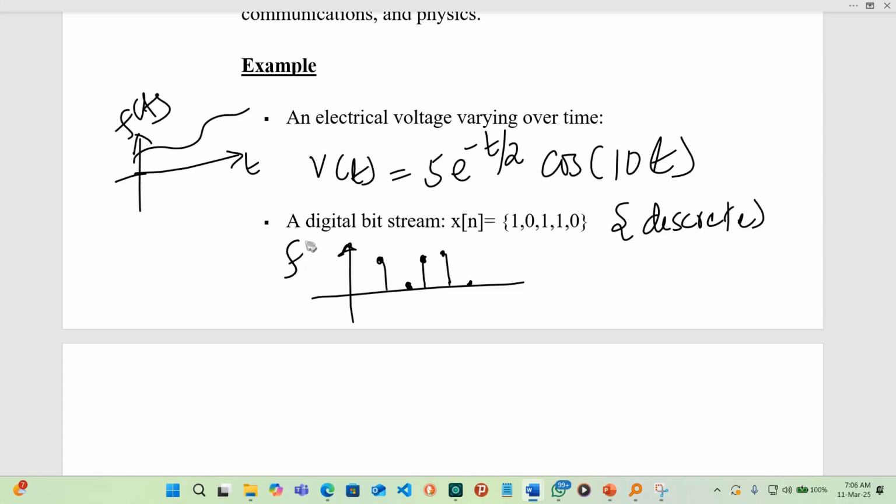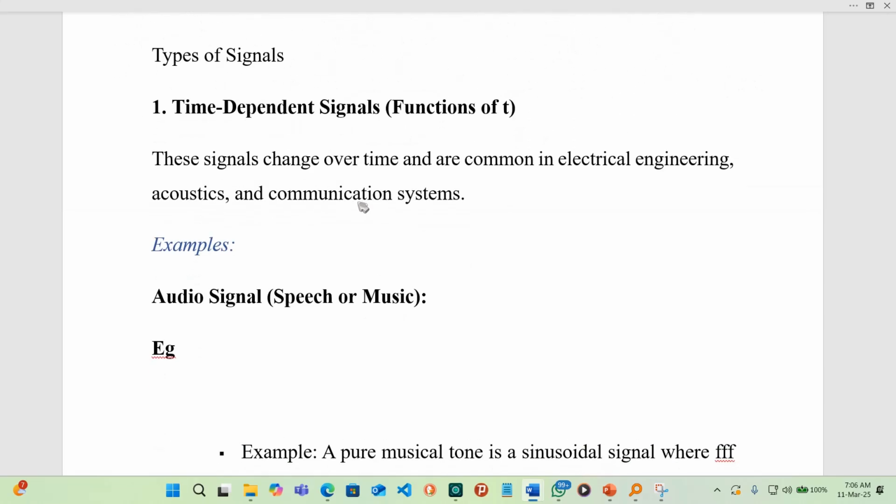So this becomes f(n), whereby this is n. At n equal to 1, you have the output. At n equal to 0, you have the output. So this becomes also a discrete signal, in the form of a digital bit stream.